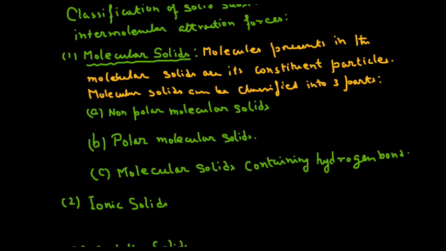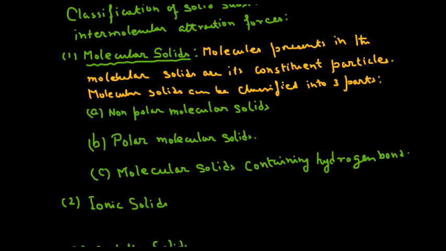B. Polar molecular solids. Solids like sulfur dioxide, SO2, etc. generally possess polar covalent bonds. The molecules of such solids are bound by relatively strong polar-polar interaction.